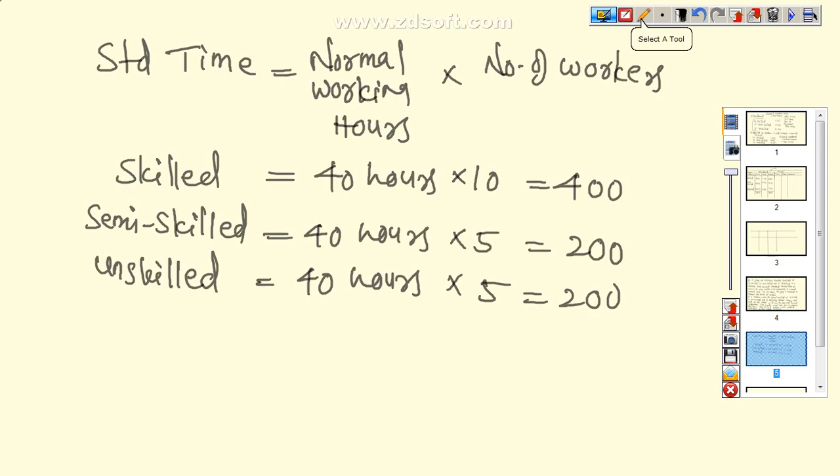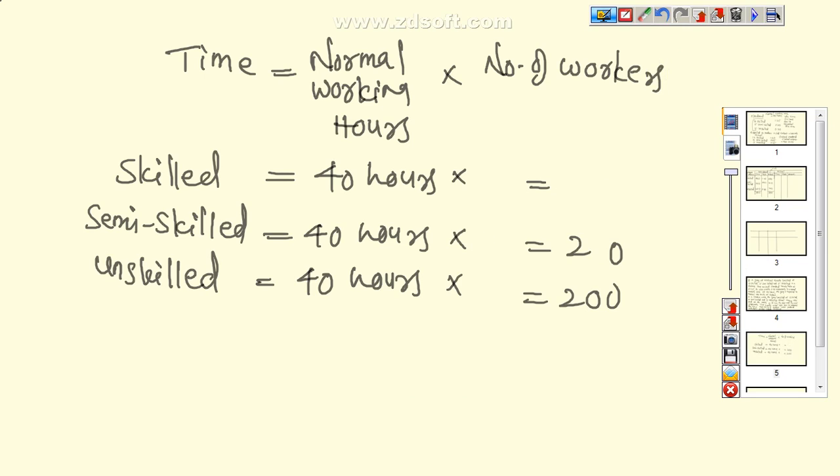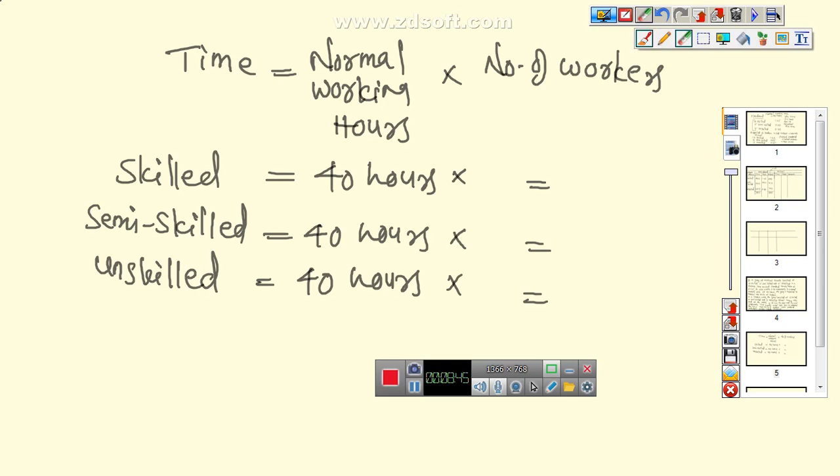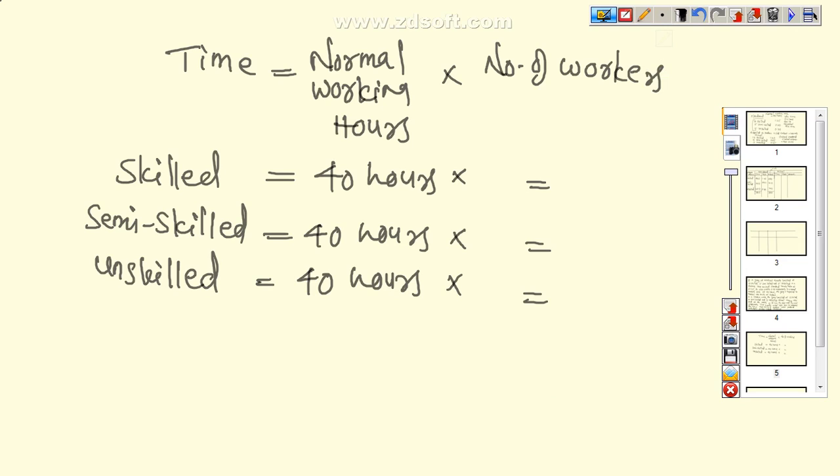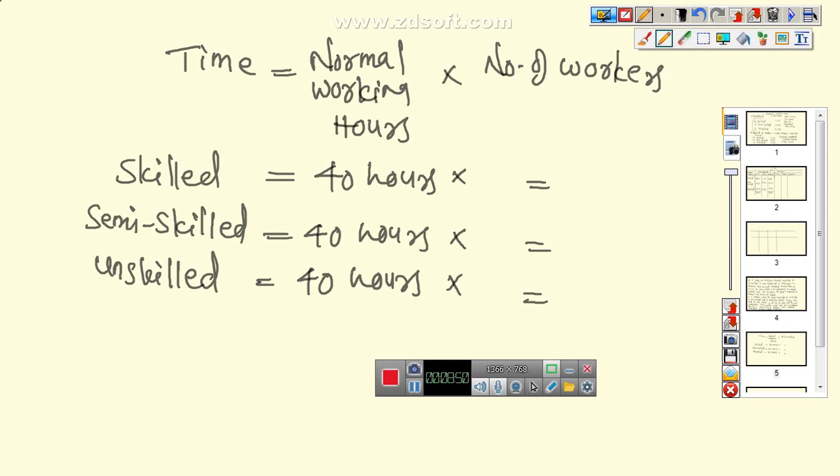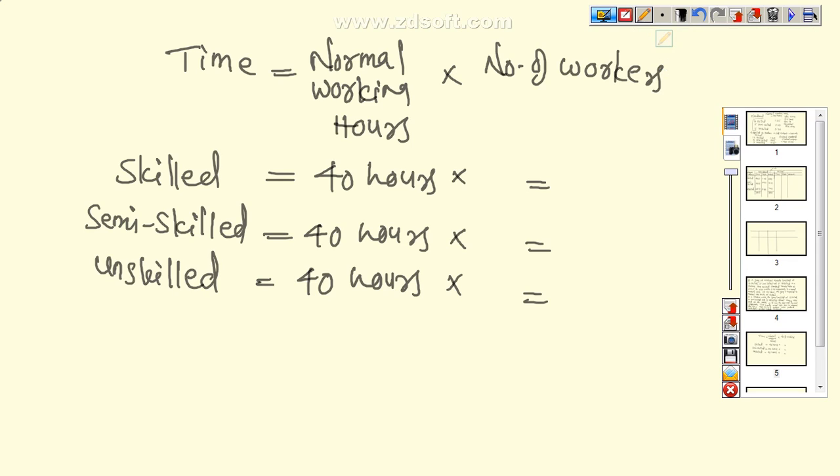Now we calculate actual time. Actual time is equal to normal working hours multiplied by number of workers. According to this question, actual hours is not given separately.